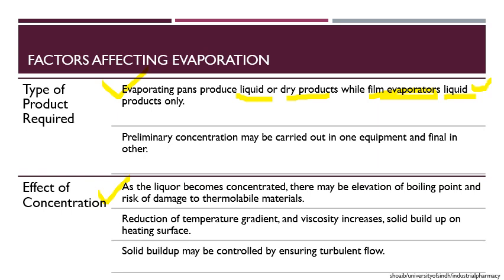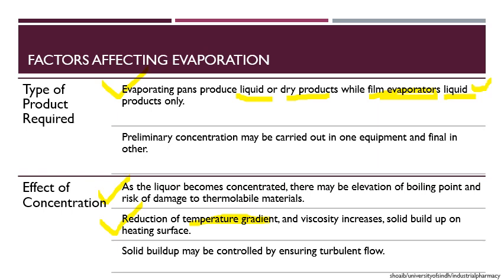The next point is the reduction of temperature gradient, and viscosity increases solid buildup on the heating surface. As the concentration is increasing and the thickness of the fluid is increasing, the temperature gradient will also be increasing.